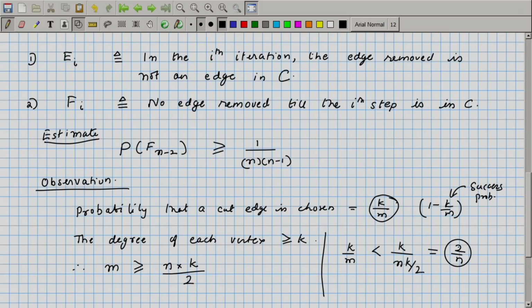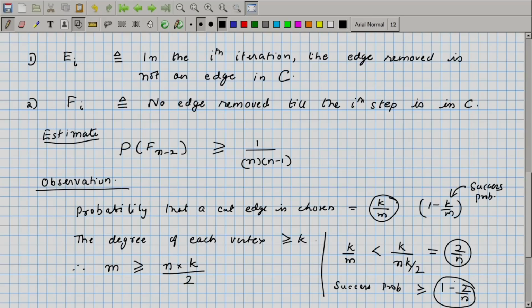So, the probability that a cut edge is chosen at the very first step is only 2 by n, and therefore the success probability for the first step is going to be greater than 1 minus 2 by n.